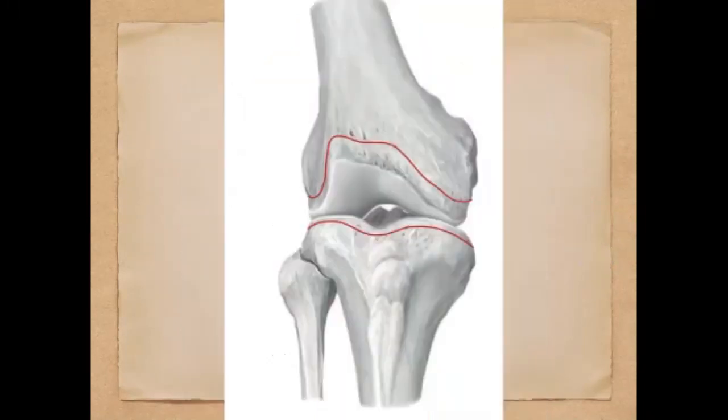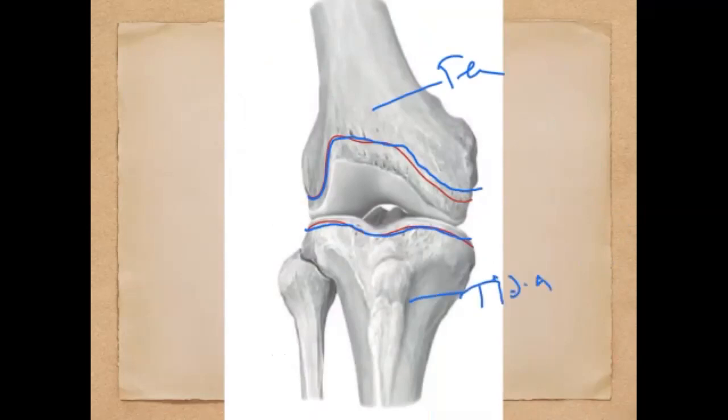Okay. Coming to the capsule, joint capsule. Okay, joint capsule is attached to all the margins of the articular surface. That means this is articular surface, so it lines all the articular surface of, this is the femur and this is tibia.